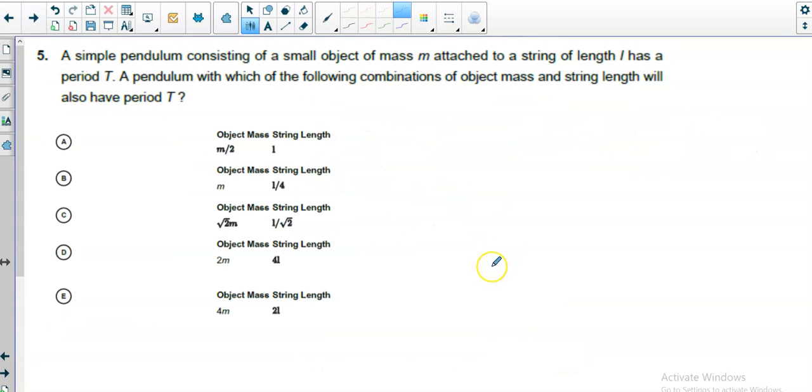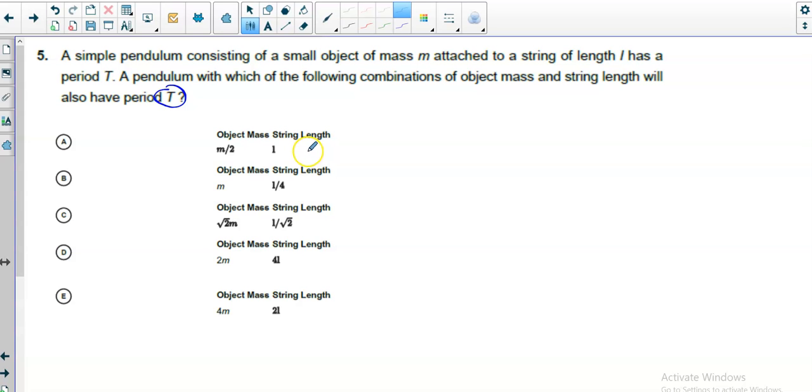A simple pendulum consisting of a small object of mass m attached to a string of length L has a period of T. A pendulum with which of the following combinations of mass and string length will also have a period of T? So once again, mass doesn't matter for a pendulum, just the length. So in order for it to have the same period, it better have the same length.